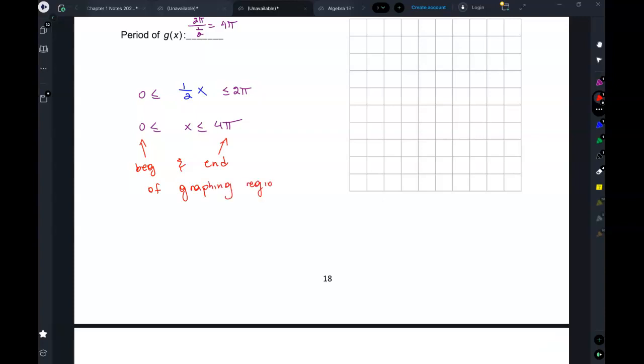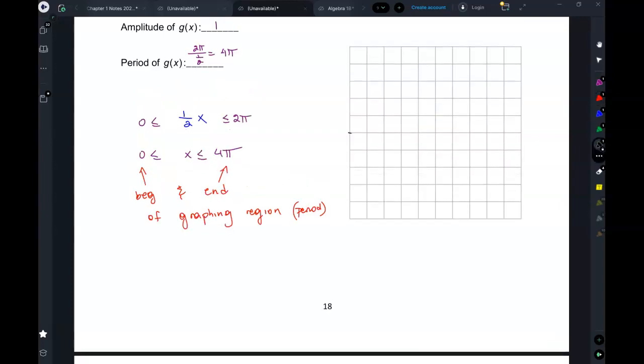Okay, so here's what we're going to do. X-axis, we're going to go from 0 to 4 pi. 2 pi, pi, 3 pi.